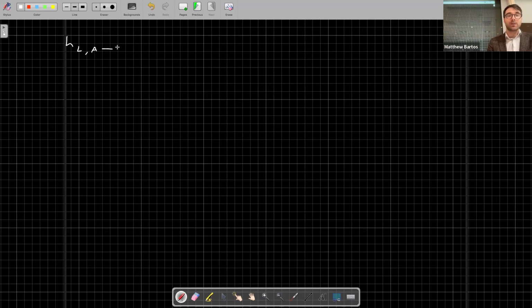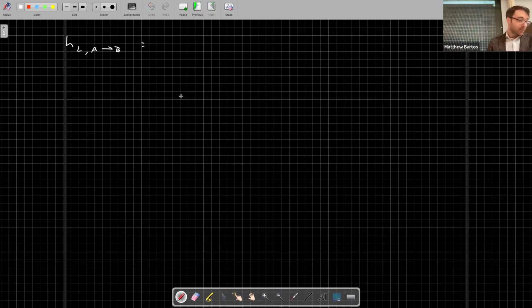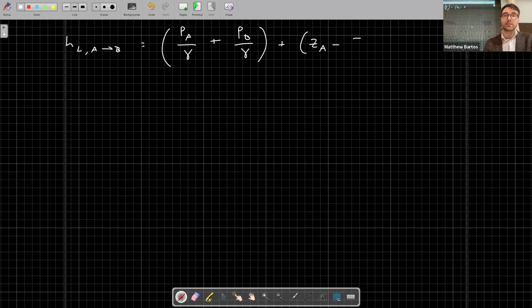So the head loss from A to B, if we take this equation and we rearrange it, so subtract PB over gamma plus ZB from the left-hand side, we'll get quantity PA over gamma plus PB over gamma plus ZA minus ZB.